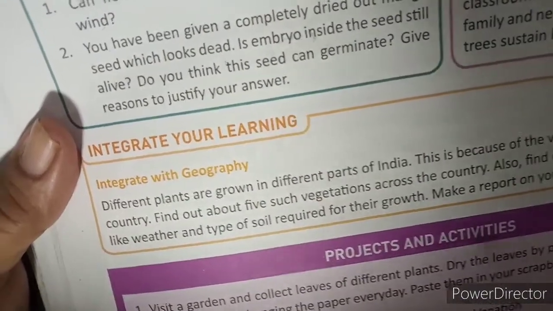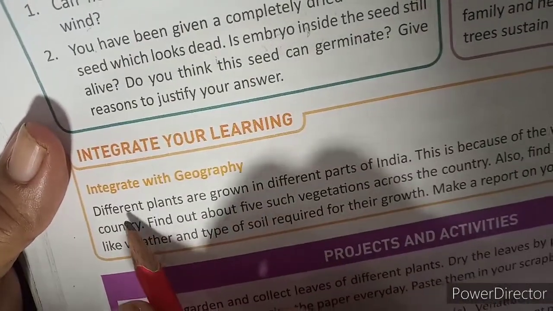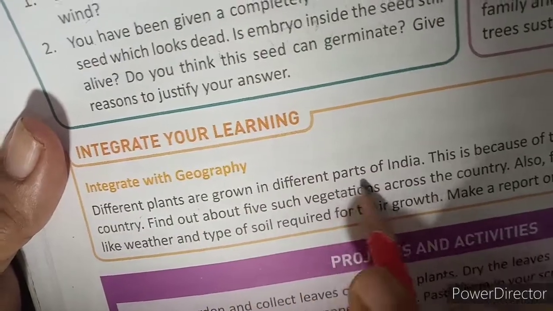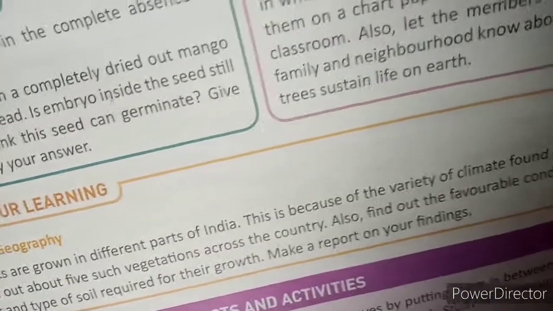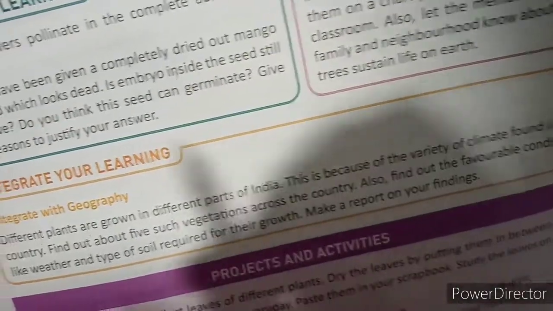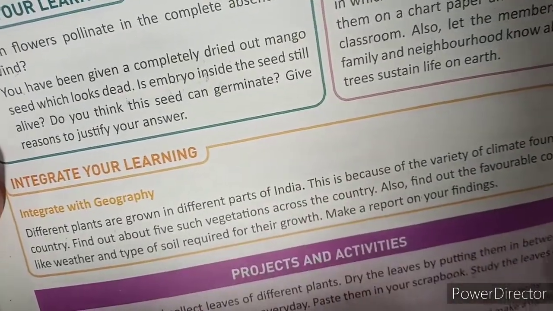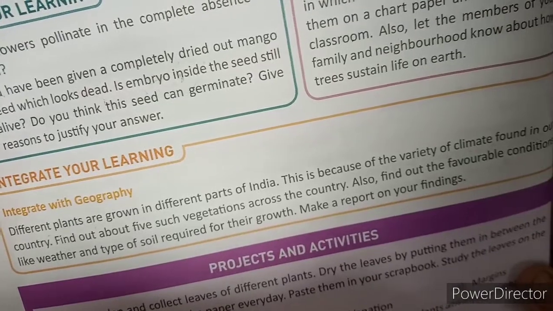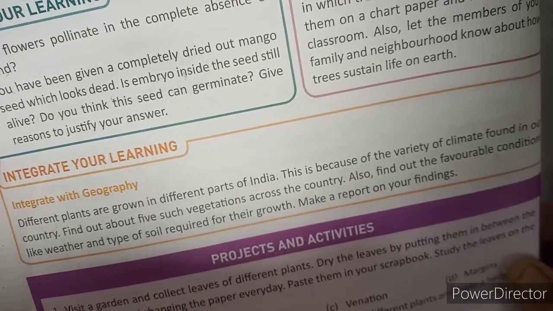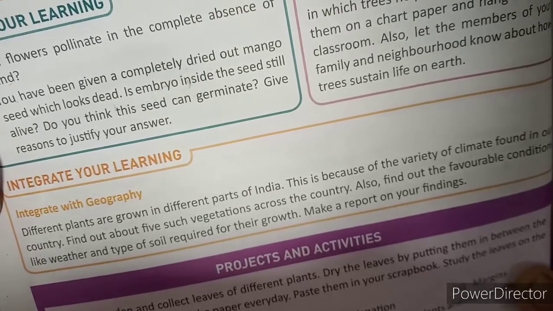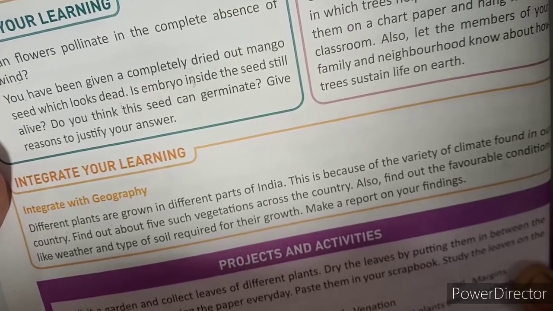Now here, integrate your learning with geography. Different plants are grown in different parts. This is because of the variety of climate found in our country. Find out about 5 such vegetations across the country. Also find out the favorable conditions like weather and type of soil required for their growth. Make a report on your findings.